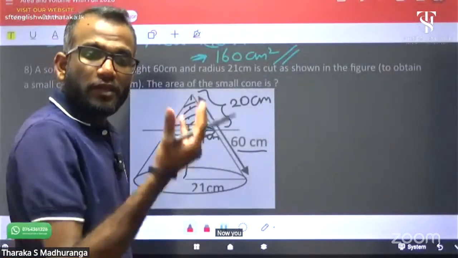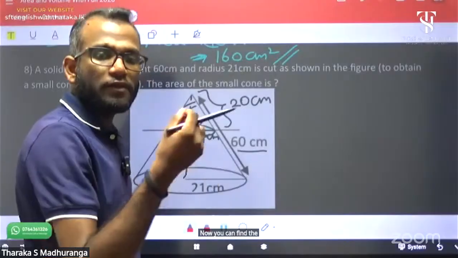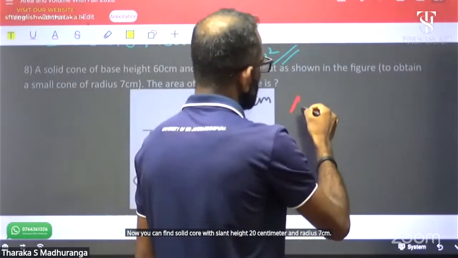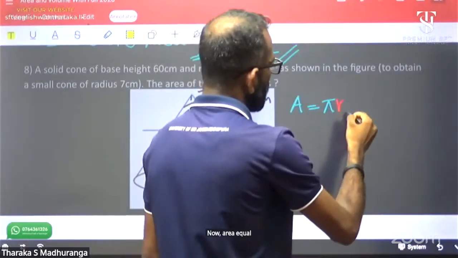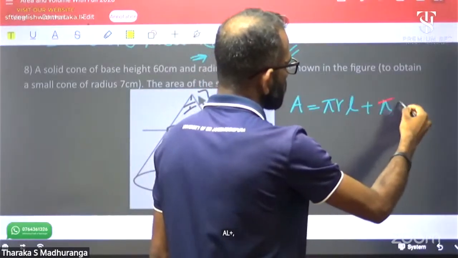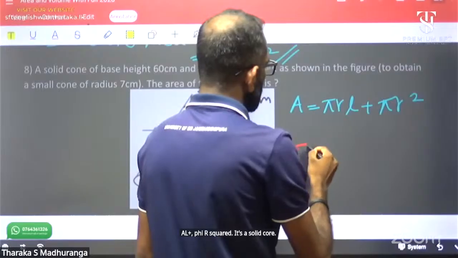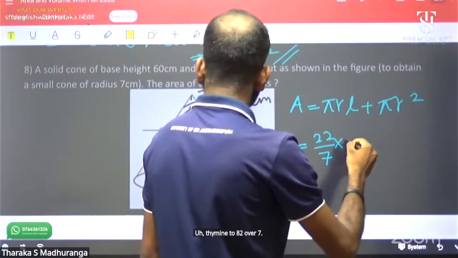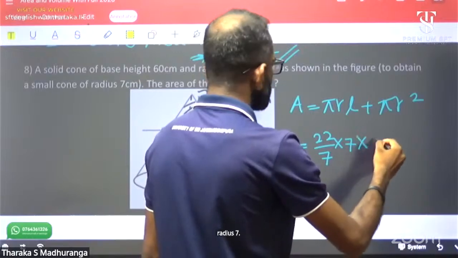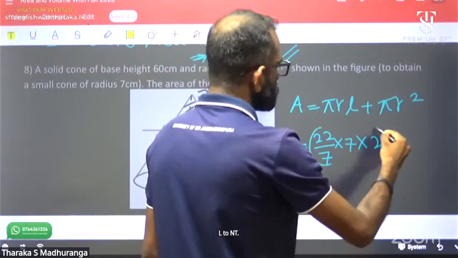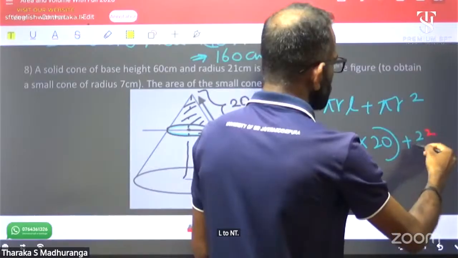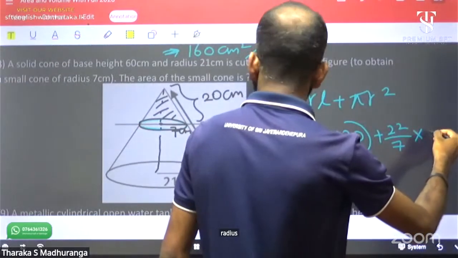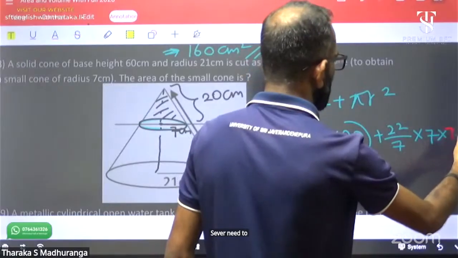Now you have a solid cone with slant height 20 centimeter and radius 7 centimeter. Now area equals πrL plus πr². It's a solid cone. π means 22 over 7, radius 7, L 20. π means 22 over 7, radius 7 into 7.